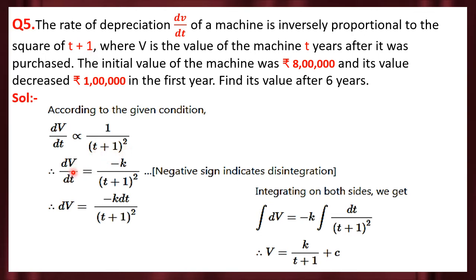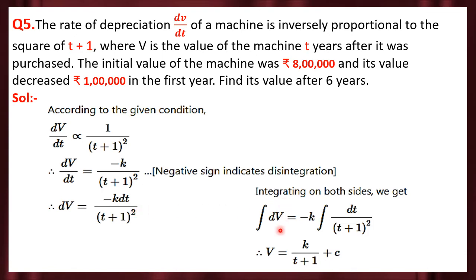Now it can be written as dv by dt is equal to minus k upon t plus 1 the whole square, and since it is depreciation, meaning decrease in value, we write a negative sign here. So dv is equal to minus k dt upon t plus 1 whole square, in variable separable form.